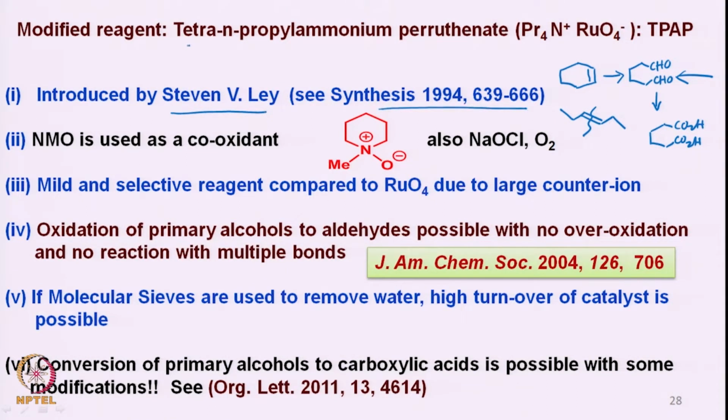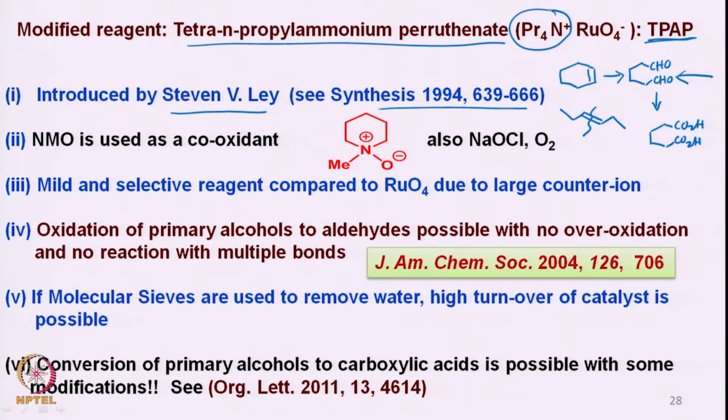the introduction of a reagent which is tetra-n-propylammonium perruthenate, which is also popularly called TPAP. In this reagent system, the good point is that it has a large counter cation here, and that is useful because it allows the use of normal organic solvents.